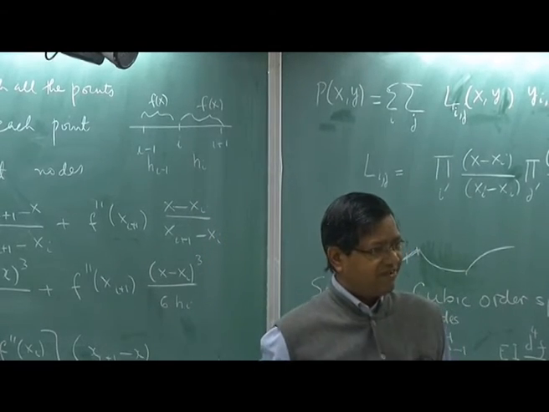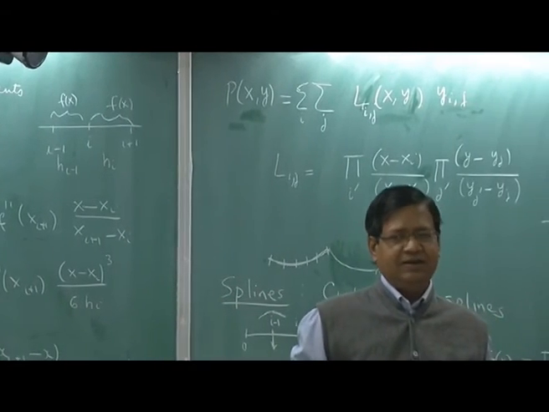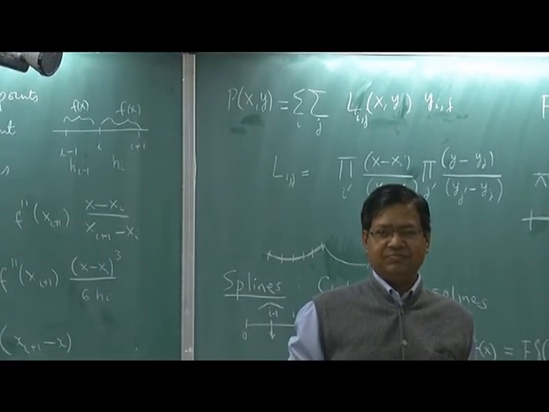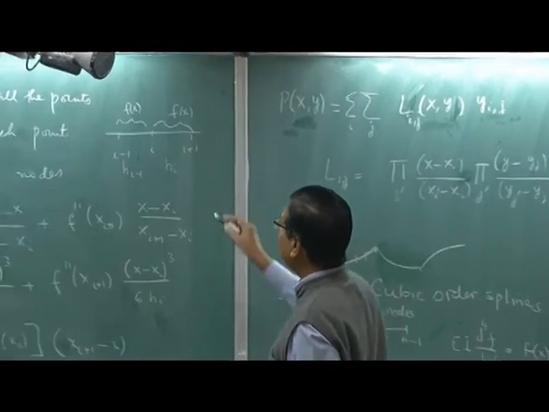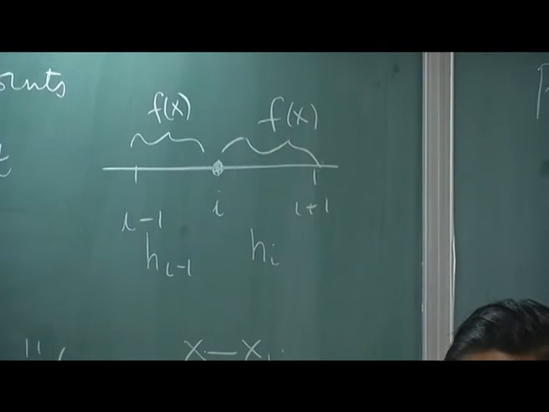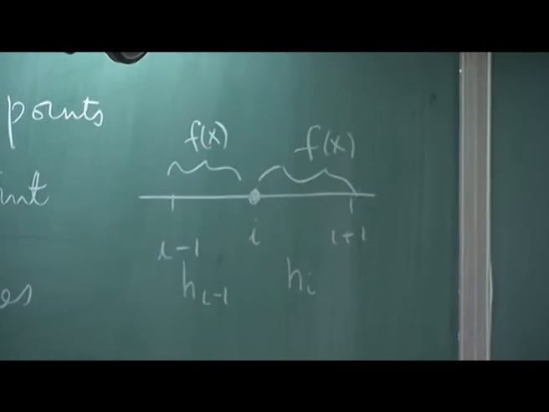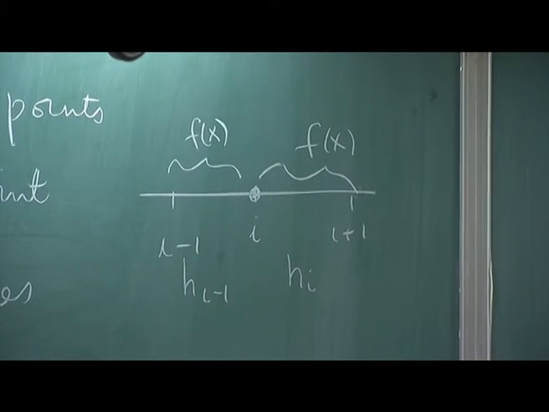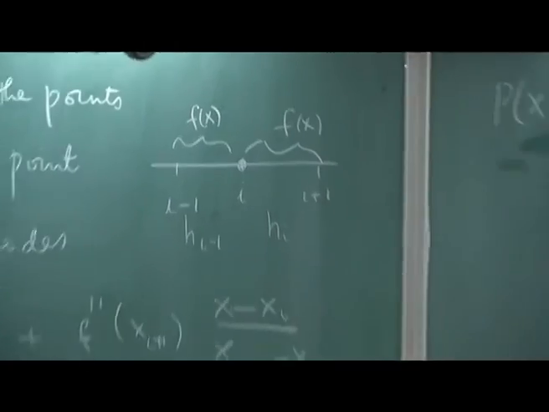Now once we have f of x at both sides, I demand that my derivative is continuous. So I can compute the derivative here from both the sides, and I demand the derivative from the left is the same as the derivative to the right, and I'll get a condition.